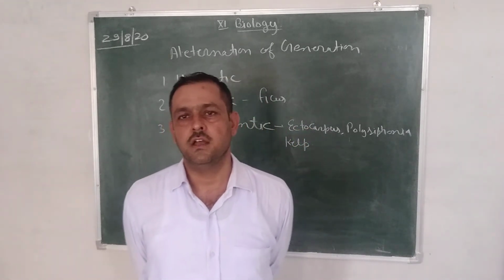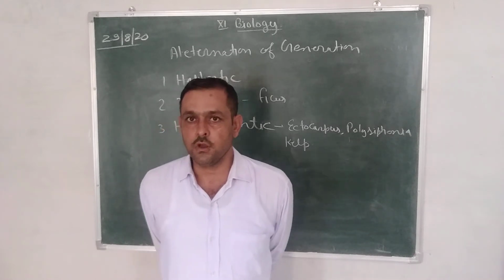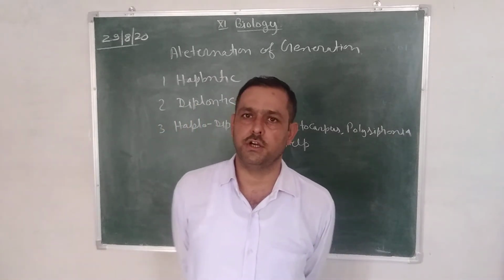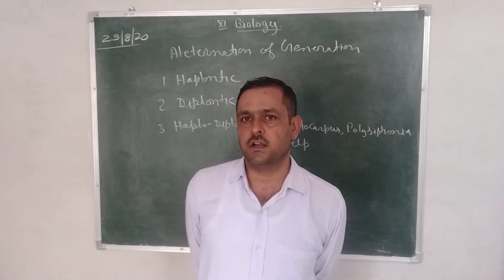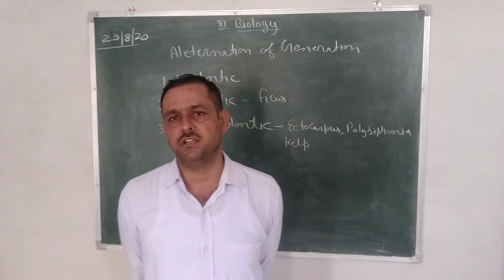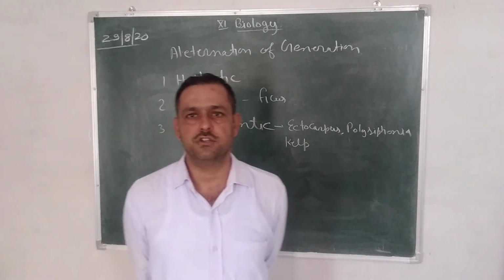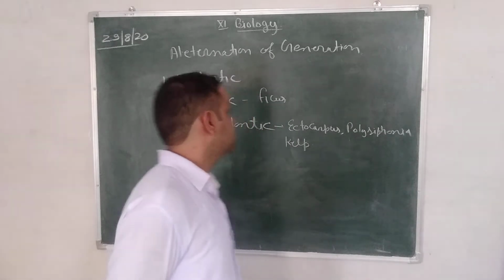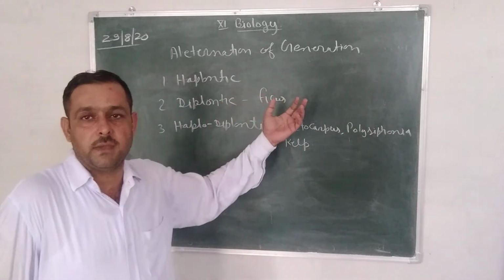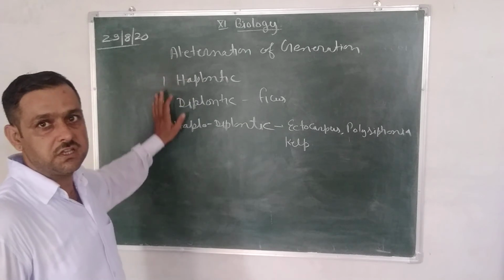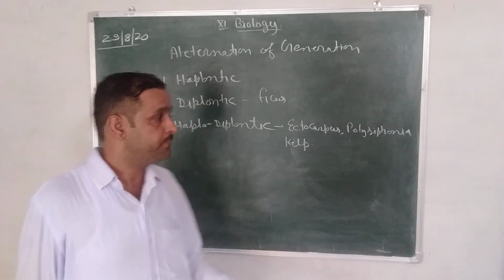Or we can say the main stage of sporophytic plants, the sporophyte condition, for some time converts into gametophytic condition, and after gametophytic condition they convert further into sporophytic condition. That is called alternation of generation. And on the basis of their main stage, alternation of generation is divided into 3 parts: haplontic, diplontic, and haplodiplontic.